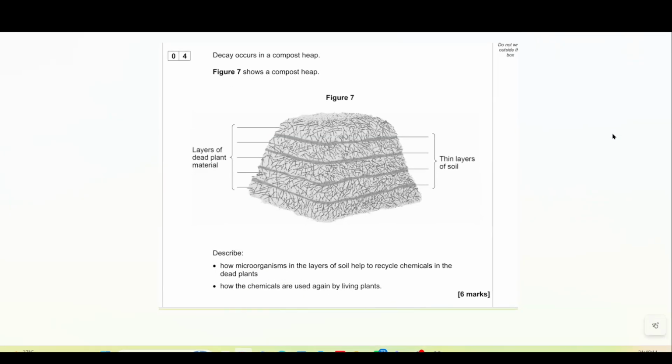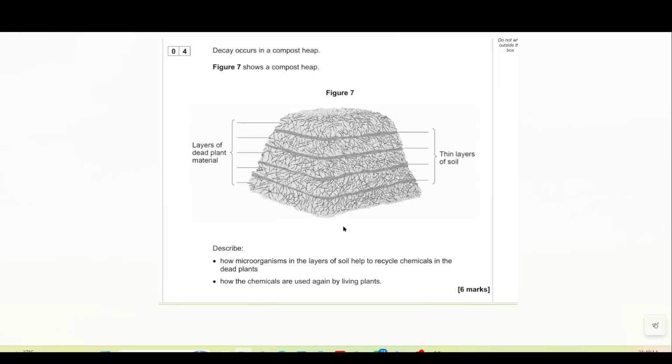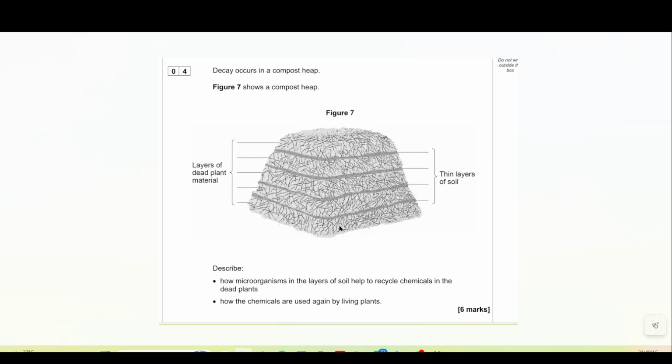The dead plants, chemicals are used by organisms to... I don't really know why.